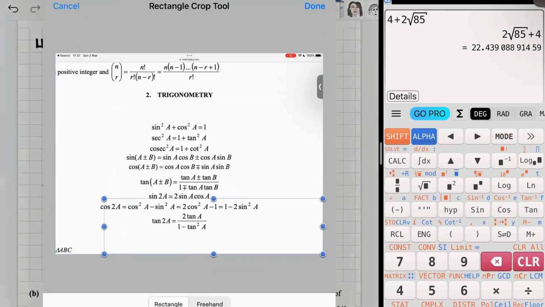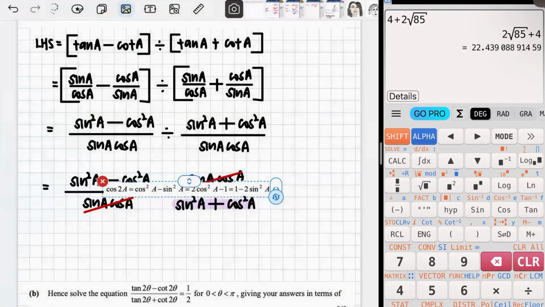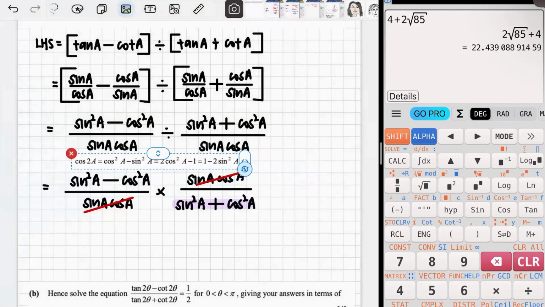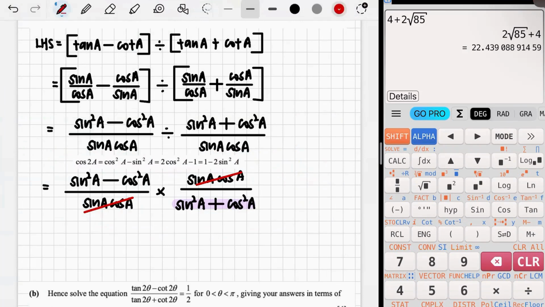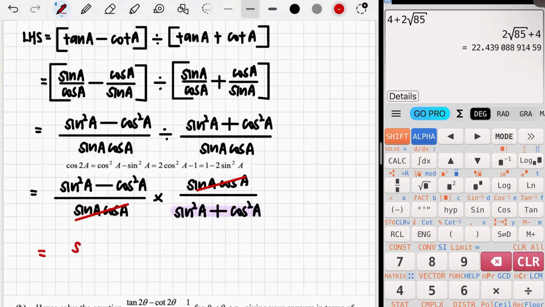Maybe we can see whether it looks like this one here. So when the denominator is now 1, I'm just left with sine square A minus cosine square A, just like that only. I got nothing in the denominator, it's just over 1.